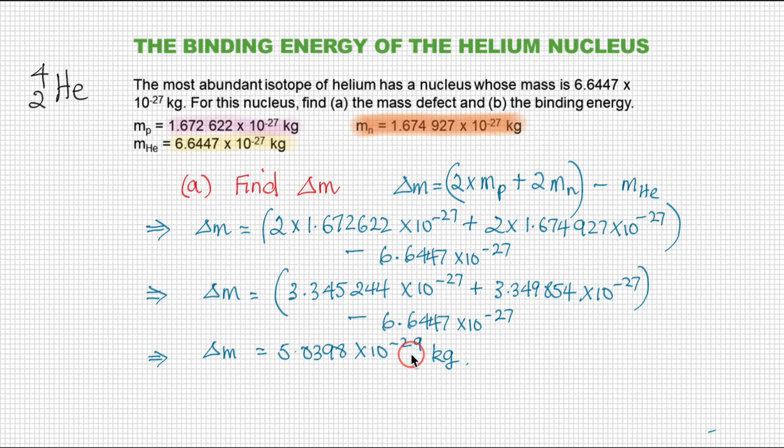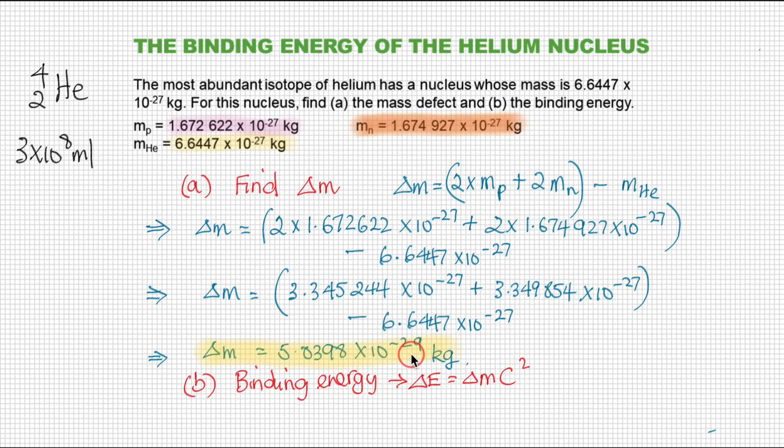Now, to convert that mass to binding energy, we simply use a variation of Einstein's equation, delta E equals delta m c squared, delta M being the mass defect, and of course the speed of light is 3 by 10 to the 8 meters per second.